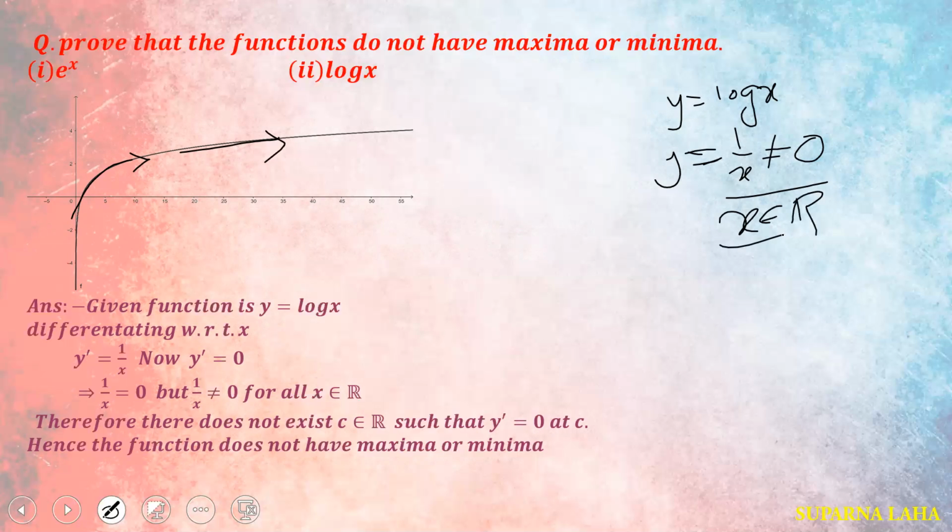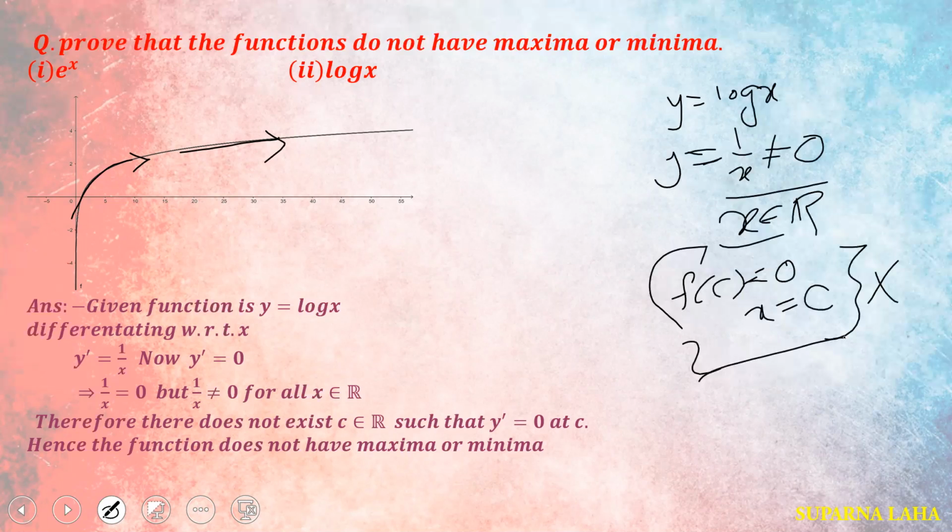So we can't find any c such that f dash c is 0. We can't establish this condition, so we can't find any critical point or stationary point. So we can say the function does not have any maximum value or minimum value.